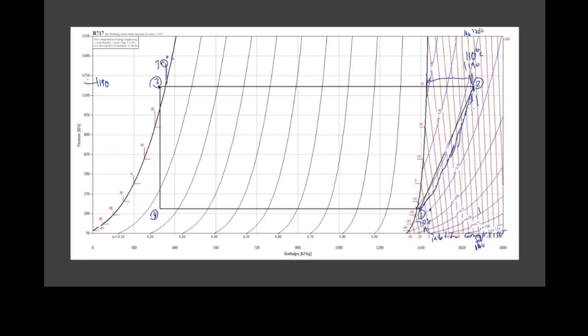And then, of course, we're going to subcool a little bit until we get to point 3. At point 3, we've got high pressure subcooled liquid.